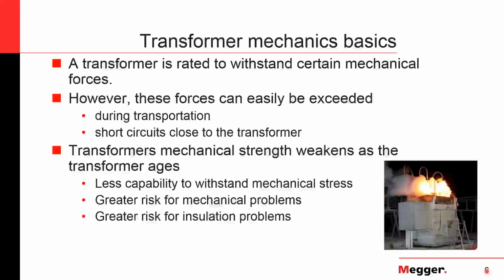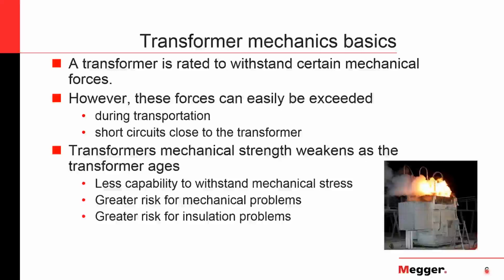The transformer itself is designed to withstand certain mechanical forces. But then during certain parts of its life, like early on during transportation, you can have some of these forces exceeded. Or say if there's a short circuit on there and the windings expand and contract too quickly, you can have some mechanical deviations there as well.